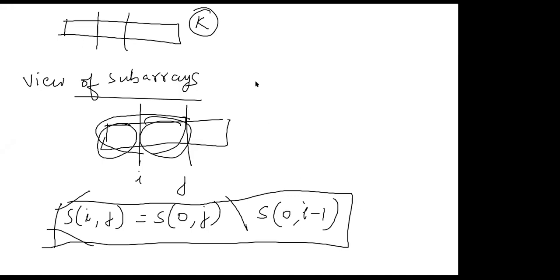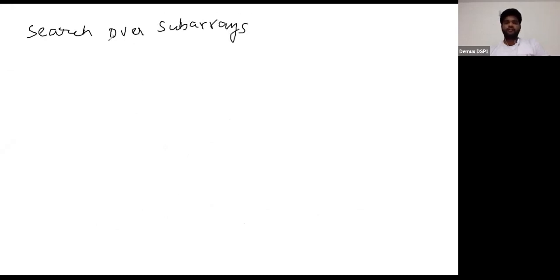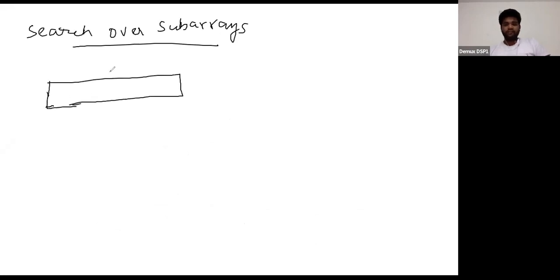Yes. So we use that view to say that when we have to search over subarrays, we will optimize our search. So in general, how do you search over subarrays? There are many ways you can do that. One way is that you fix an ending index j and you enumerate all subarrays ending at this j. So how do you do that?